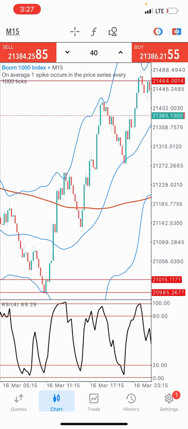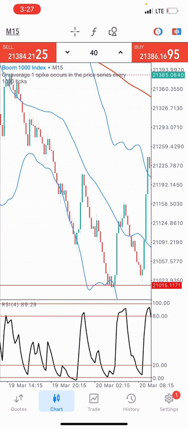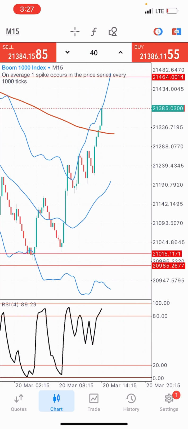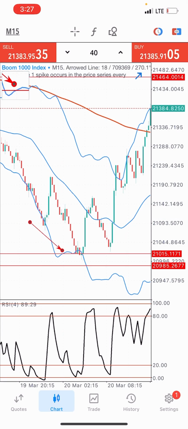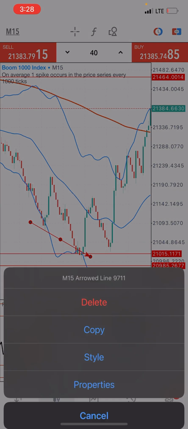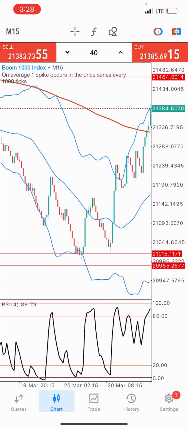Can you see what happened? Can you see market just touched the zone and started spiking, buying and buying and buying, just because it has gotten to the oversold zone indicated by the lower Bollinger Band. Okay, so that is how it is.